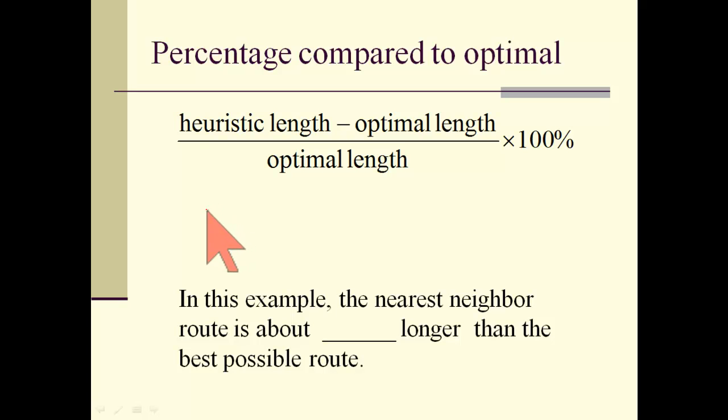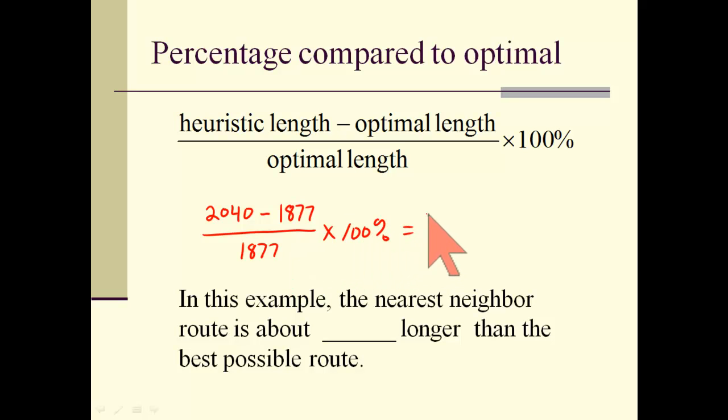All right, if I crank the numbers, my heuristic algorithm found a circuit of length 2040. We know that the optimal length from brute force is 1877. Then let's convert it to a percentage by multiplying by 100%. And if you work this out, you get about 8.6%.